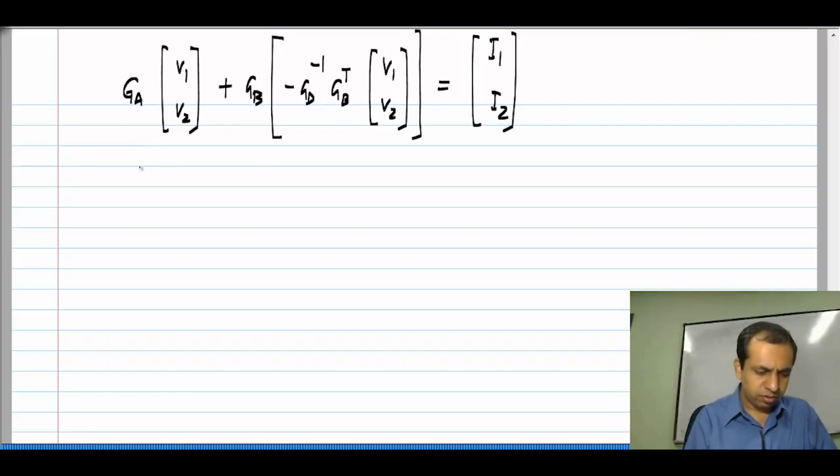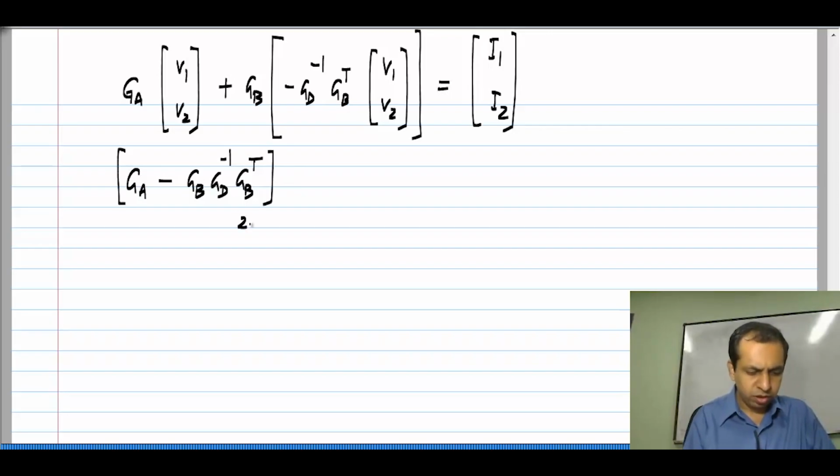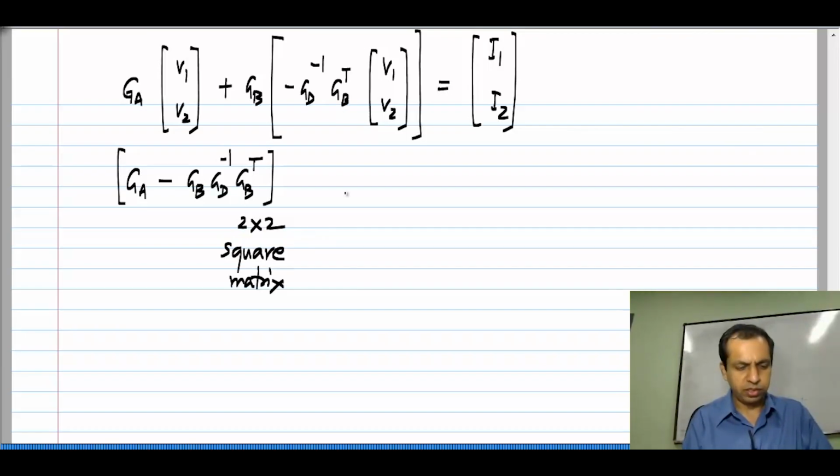Now, I have this relationship: G_A minus G_B G_D inverse G_B transpose. This whole thing is a 2 by 2 square matrix.